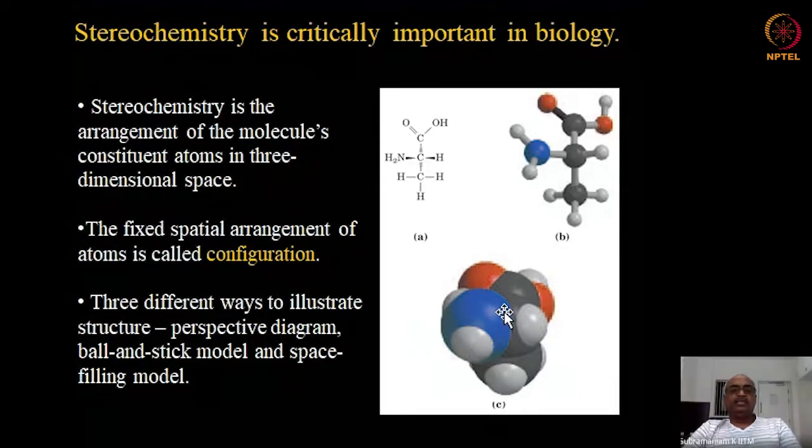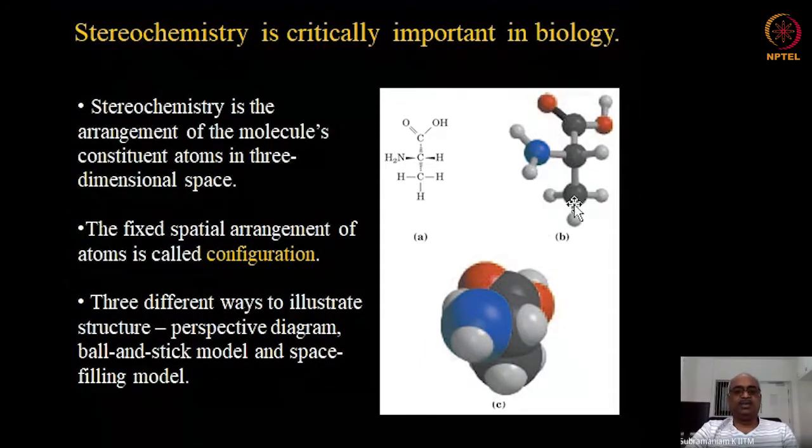Each of these ball-shaped structures varies in size, like hydrogen is small and nitrogen is big, and that size is proportionally magnified based on their van der Waals radii. The van der Waals radius of an atom is the space into which it will not allow any other matter to come in. That is the basis for the space filling model, so this is actually the closest representation of the actual molecule.